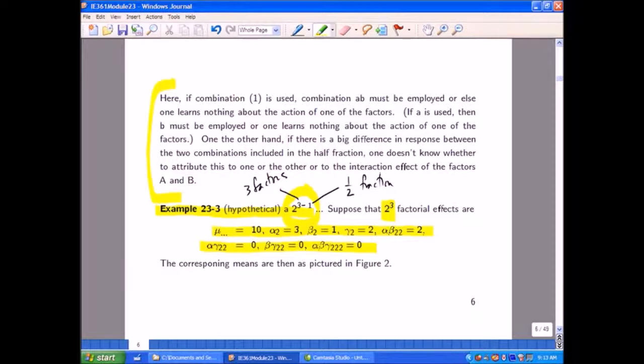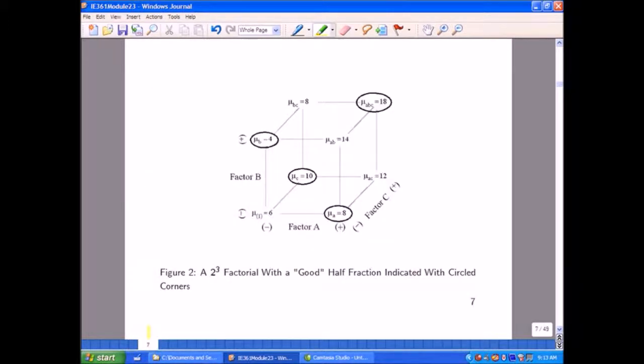That is, I'm doing a hypothetical analysis here, and let's just suppose that these are the main effects and interactions for my hypothetical example. What that would then give me would be these values of responses.